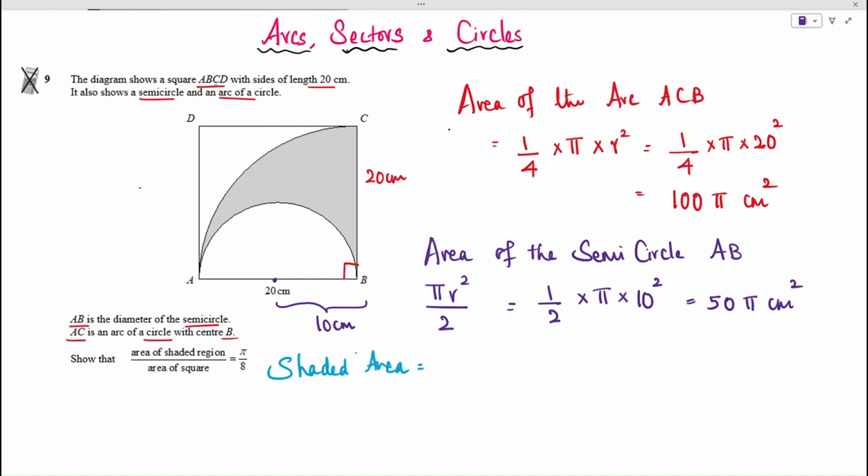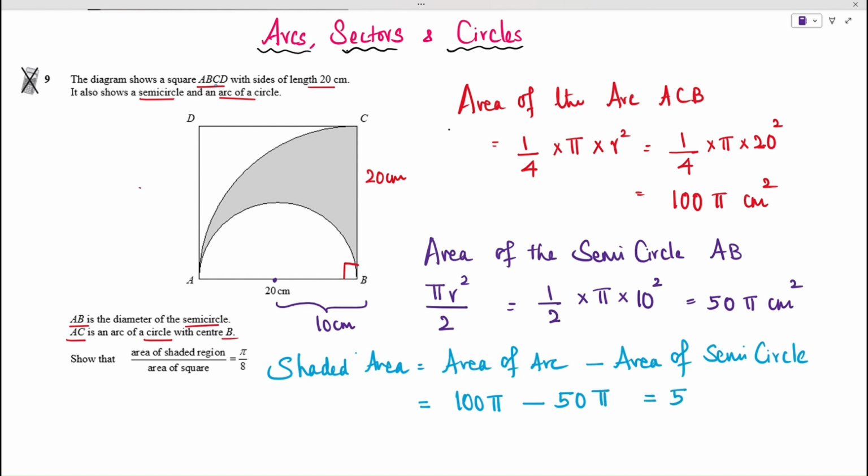And we've given it in terms of pi, so it should be a nice, easy subtraction. So this is equal to 100 pi minus 50 pi, and this is equal to 50 pi. Now this is the area of our shaded region.